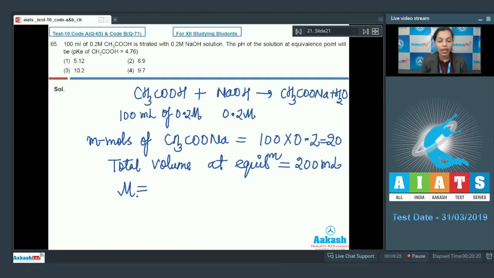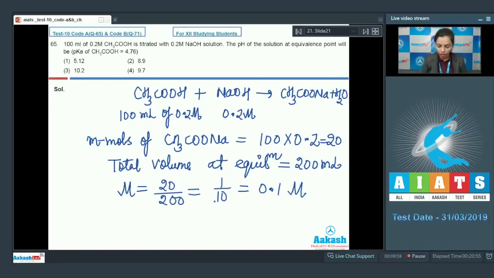We know that molarity is equal to moles divided by the volume in liter. But here we are talking about millimoles, that's why I'll take the volume in milliliter. So molarity is equal to 20 divided by 200, millimoles divided by volume in milliliter. So it would be equal to 1 by 10 or simply 0.1 molar. This is the molarity.